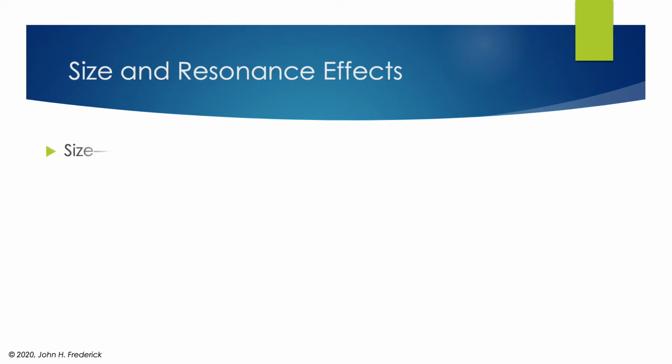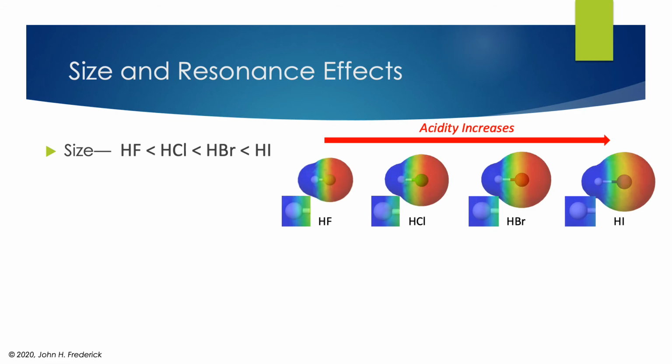So what about size and resonance effects? Well, I'm going to illustrate this actually using non-organic acids. We're going to use the hydrogen halides as an example of size effects. Here are the various hydrogen halides, and you can see that as we go from fluorine to iodine, iodine is much larger than fluorine, and there's also a greater charge separation when we create that longer bond between the halogen and the hydrogen.